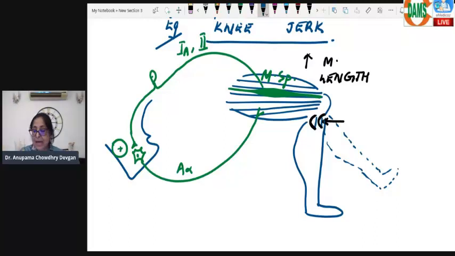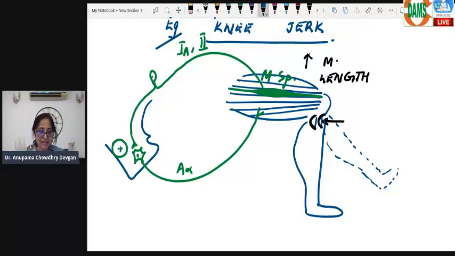Right? So let's see this. Yes, the motor to the muscle spindle is A gamma, but this is a reflex pathway which involves A alpha. Have you understood? Motor to the muscle spindle is A gamma; the motor of the reflex pathway of the stretch reflex is A alpha.